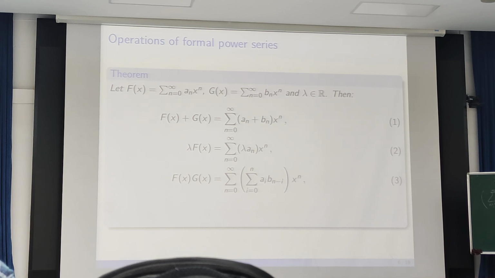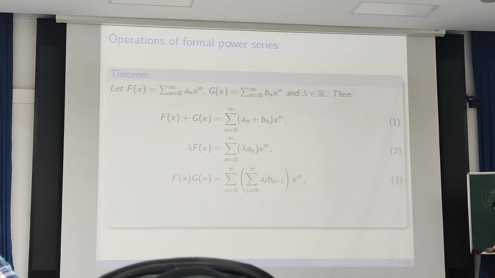Okay? And in fact, when we multiply two power series, since they are sums, we use the distribution law. We multiply each term of the first sum with each and every term of the second sum.